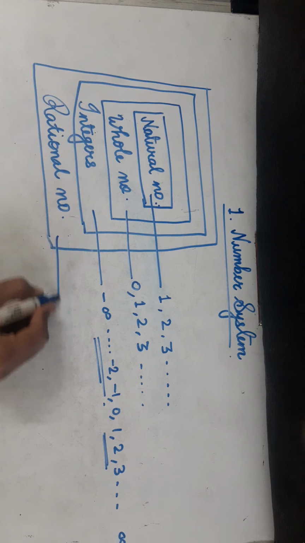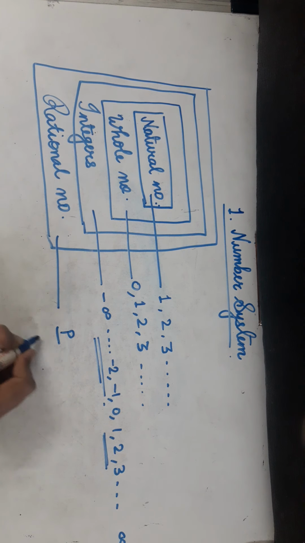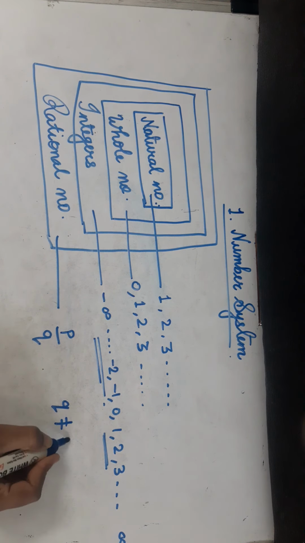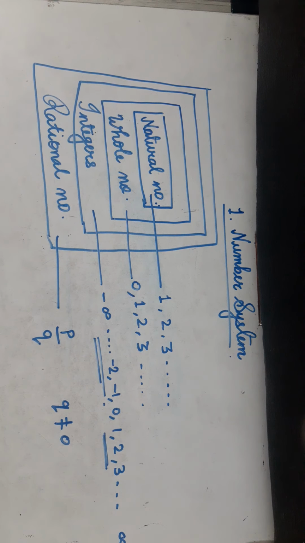Then rational numbers. The numbers which can be written in the form of p by q, where p is any whole number and q is not equal to 0, that is, the denominator is not equal to 0, such a number is called a rational number. Then this rational number can also be written in decimal form, that we have seen, and we can identify, right?